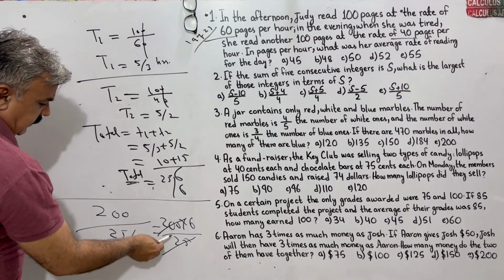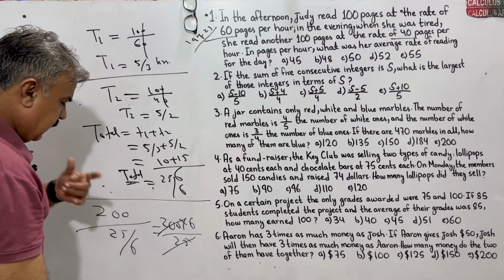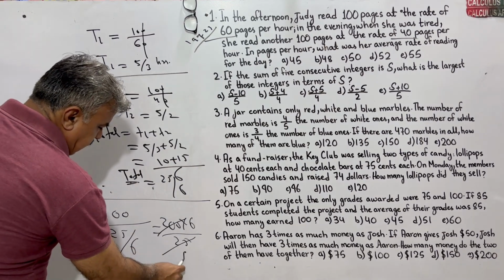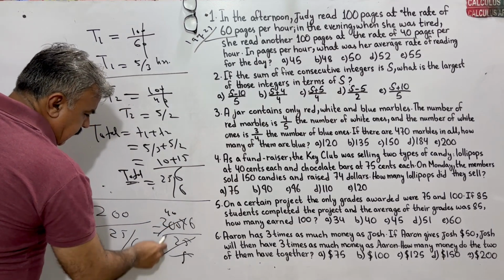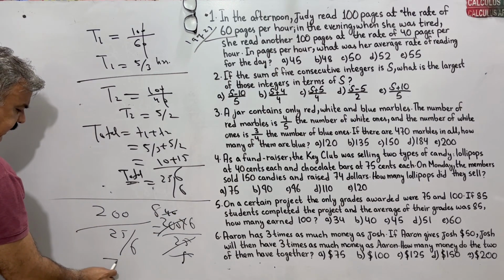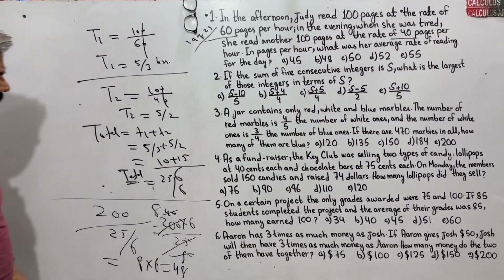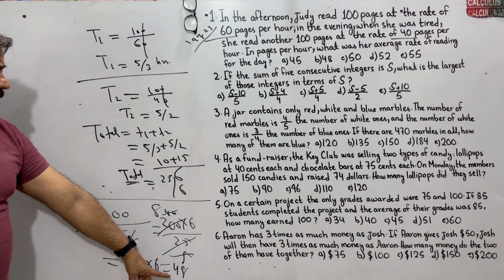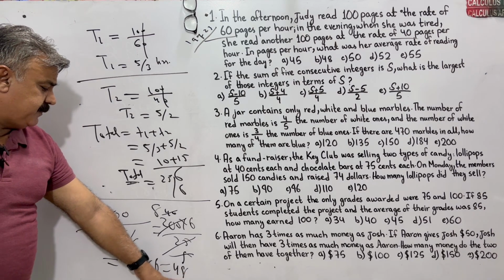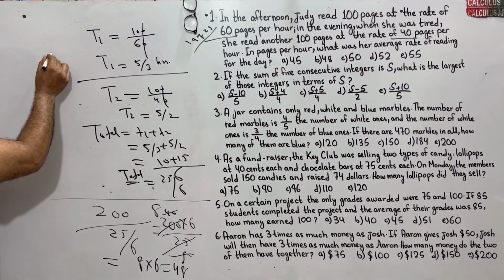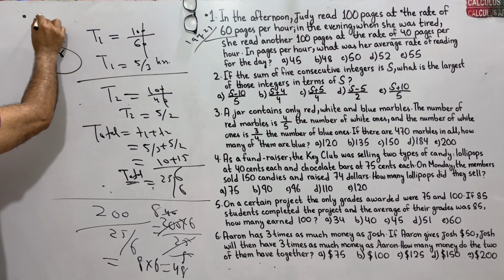Same situation, table of 25, 8 times. I have 8 times 6, that is 48 pages per hour. That is the same rate that we calculated in the direct formula.